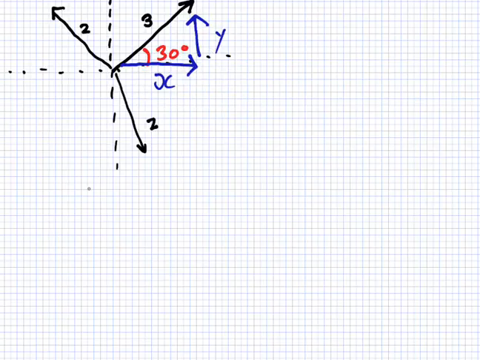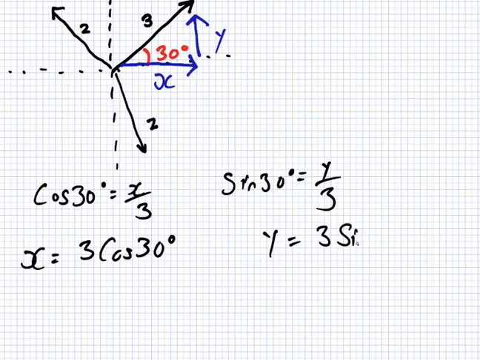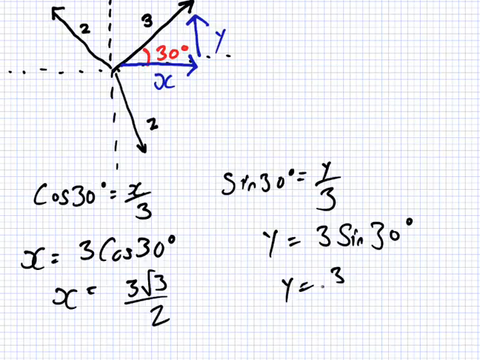So I know that cos 30 should equal x over 3, and that sine 30 should equal y over 3. So that means x equals 3 cos 30, and y equals 3 sine 30. Yes, 3 root 3 over 2, and 3 over 2.